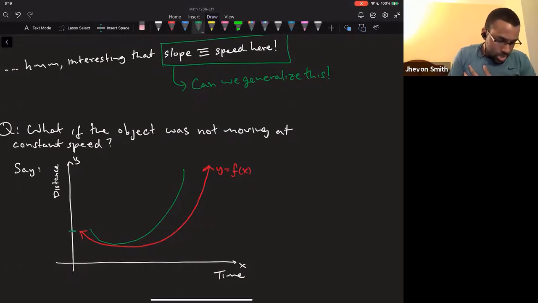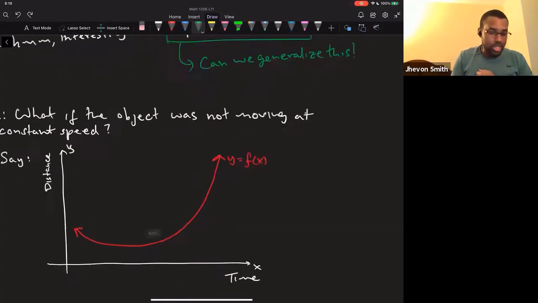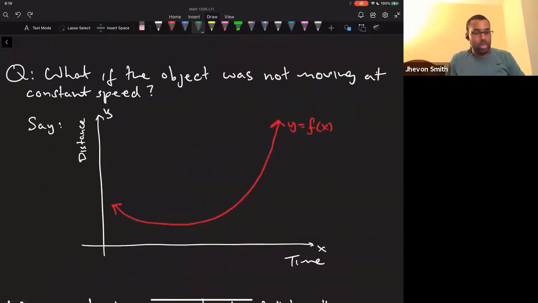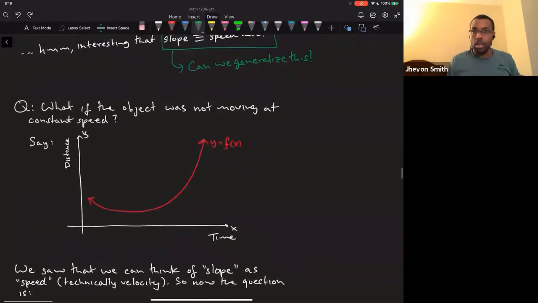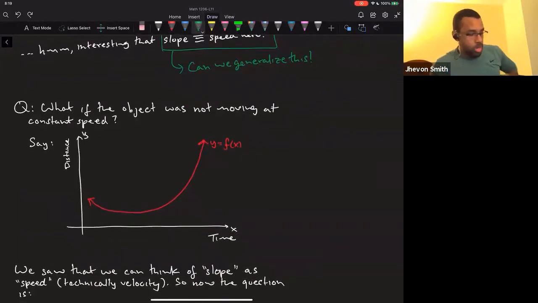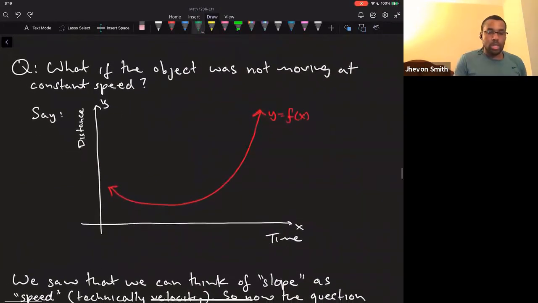The distance from the start, it actually got closer to start. It actually started reversing and then started speeding up the other way. So this is actually a very complicated moving object. It's moving back and forth is what this would look like. Moves back a little and then shoots forward and starts speeding up as it's shooting forward. So that's the question, what if it wasn't moving at constant speed?